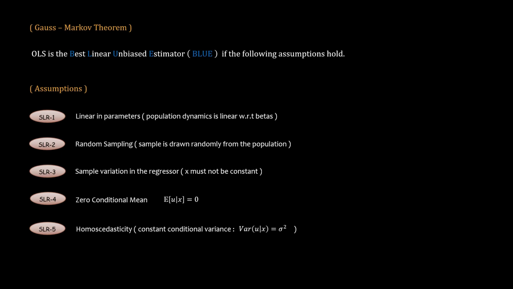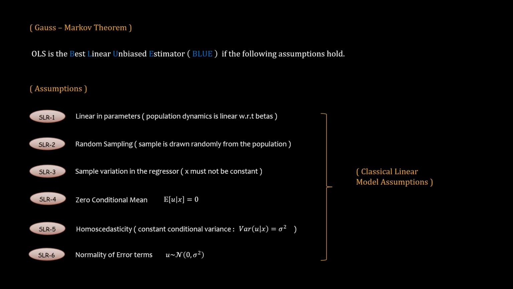If we can get the sampling distribution of OLS, then we can build confidence intervals, do hypothesis testing, etc. So that's why we add another assumption, number 6, that error terms are normally distributed. Note that normality was not needed to prove that OLS is BLUE. These 6 assumptions together are called the classical linear model assumptions.